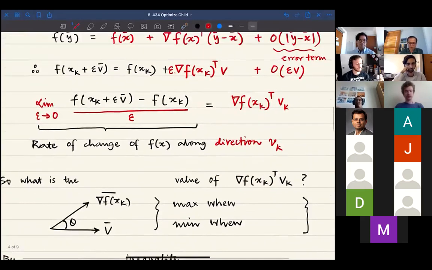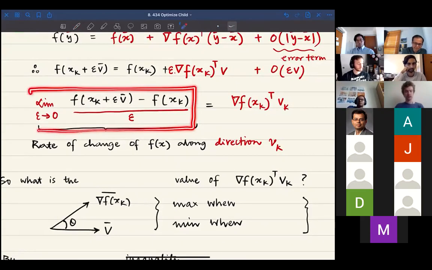Okay, so look, this physically means as you take an epsilon step towards the direction of v, what is the rate of change of the fx value? Do you agree?